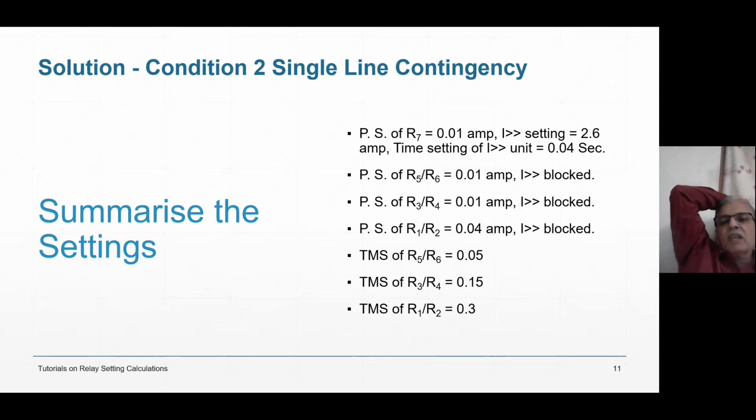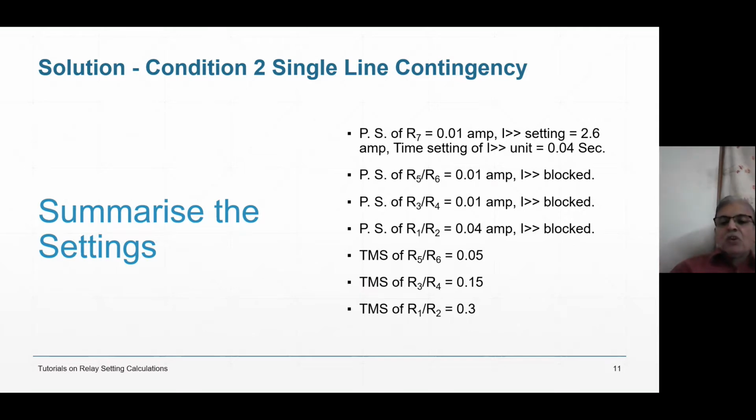And TMS of R7 you will have to calculate because R7 will not operate instantaneously now, as one line is off. Fault current will not change because both generators are on, so it is operating only instantaneously, right? But based on that, R3 and R4 is 0.01 and R1 and R2 is 0.04.